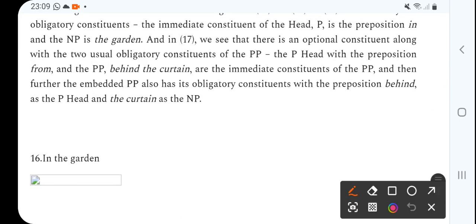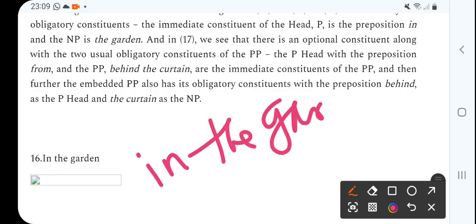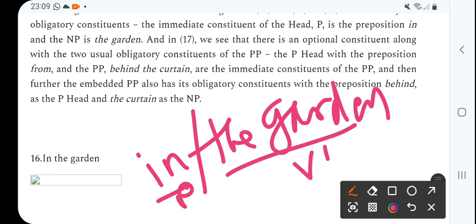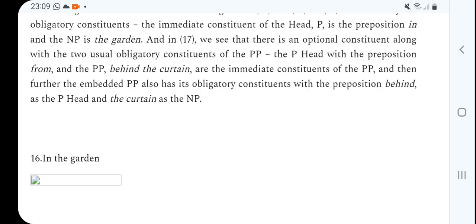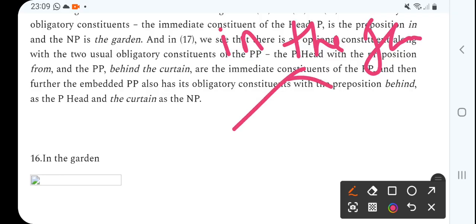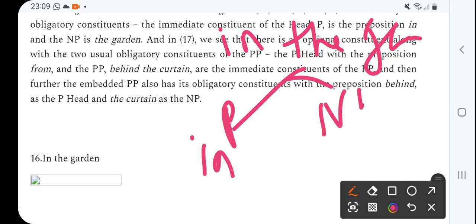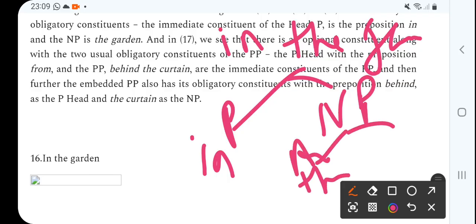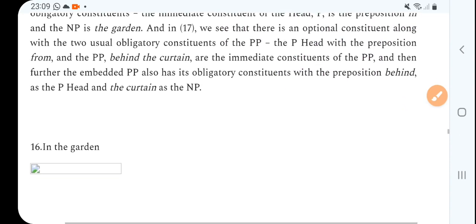So in the garden: in is the preposition, and the garden is a noun phrase, consisting of the article determiner and then the noun garden. This way it will be the same, as they are telling.